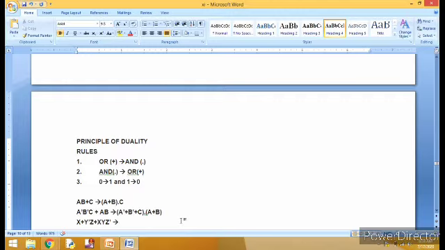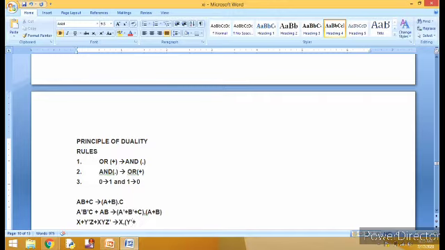Very good. That means you are able to convert the dual form for the given Boolean expression. You are absolutely correct, madam. It is x dot, then in place of plus, dot. That means OR will be changed to AND. As I said, the complement doesn't get changed.